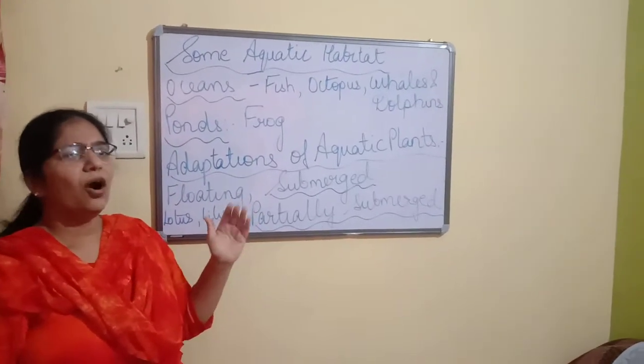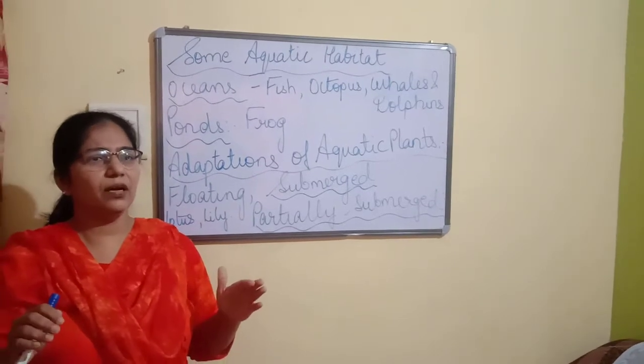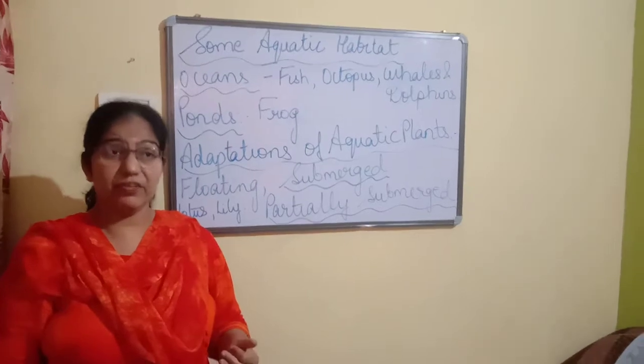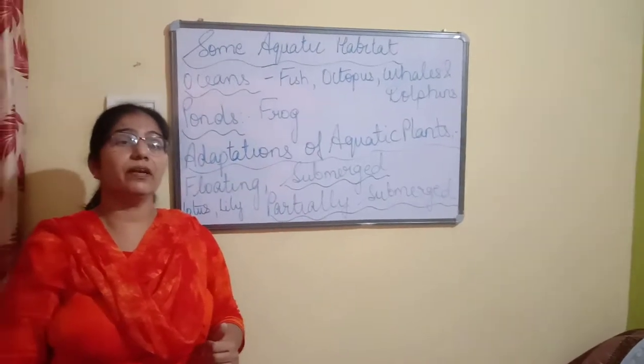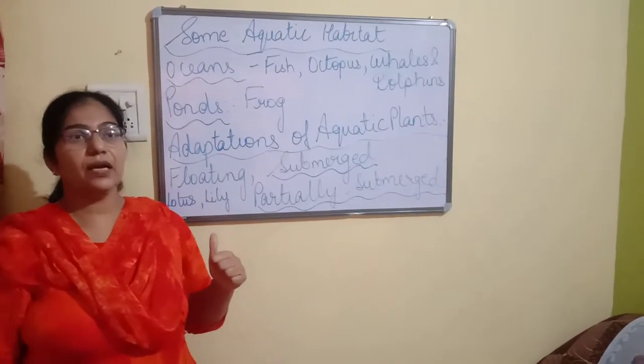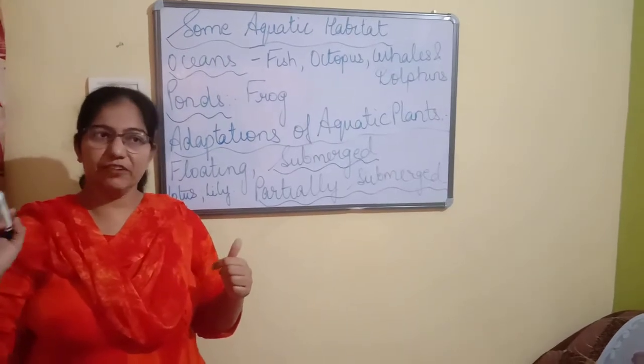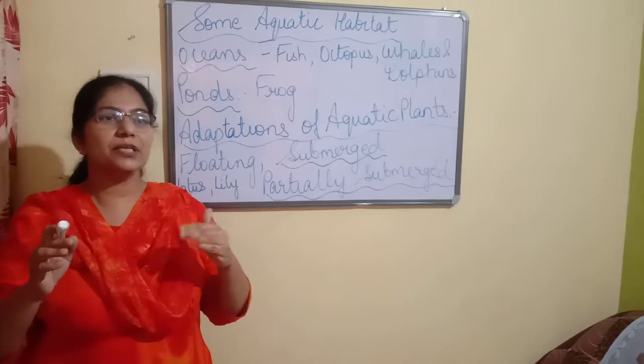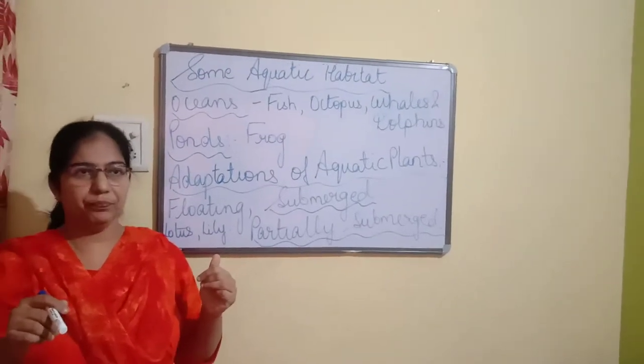Now, children, we all know fishes live in water. And what are the adaptations that a fish possesses in order to survive in water, children? Firstly, the body of fish is streamlined so that the shape of the body helps it to move easily in water.